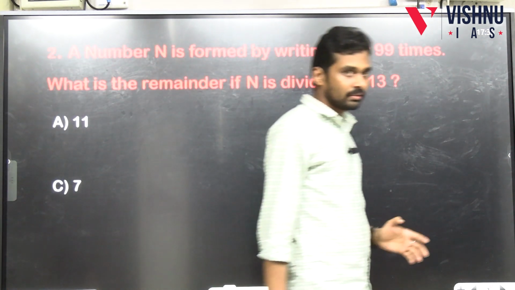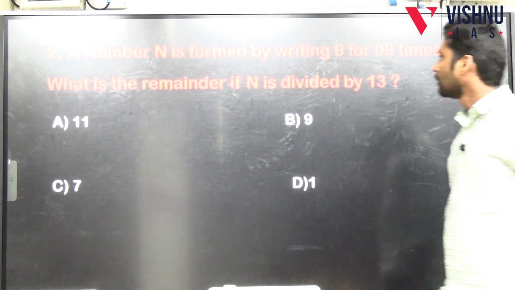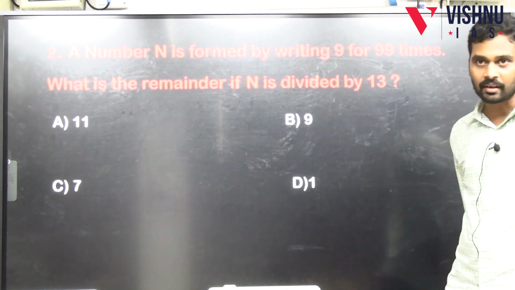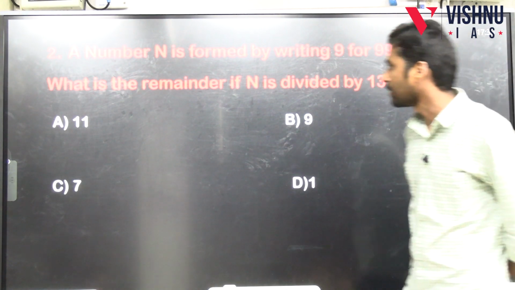What is the remainder if n is divided by 13?